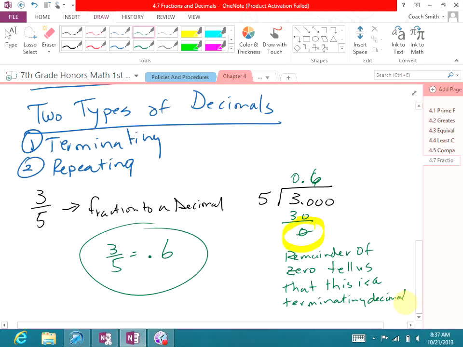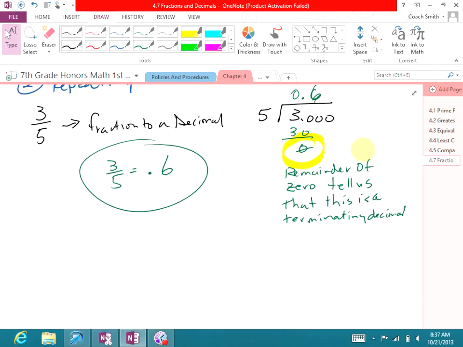When you end up with a remainder of 0, it's a terminating decimal number. Repeating means it's going to repeat a remainder. Now, let me give you an example of a repeating decimal.